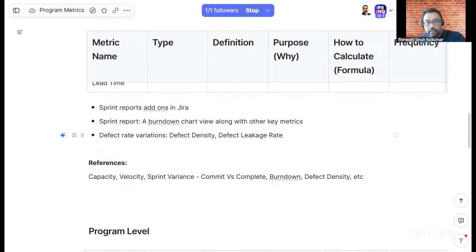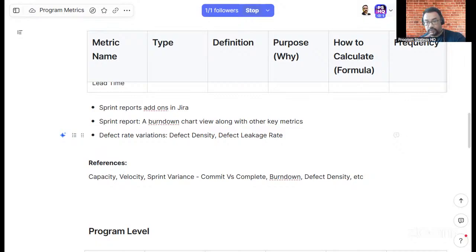Okay. So the defect rate is in percentage. The defect rate percentage is equal to the number of defects found in the current sprint divided by the total number of user stories.